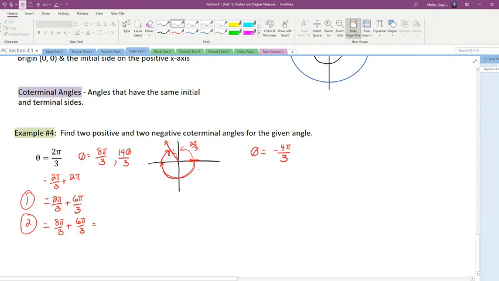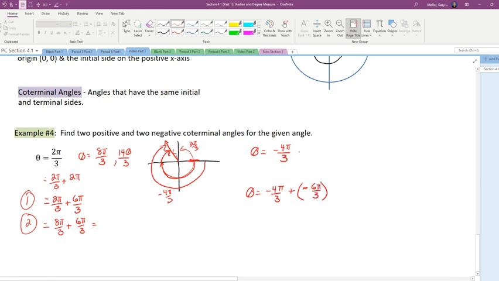Okay, so if I start in the standard position and I rotate around negative 4 pi over 3, I'll end in the same spot as if you just rotated 2 pi over 3. And if I want another angle, then I would just take that negative 4 pi over 3 and I would add another negative 2 pi, or more handily negative 6 pi over 3.